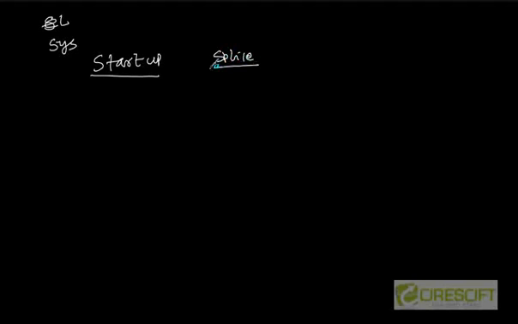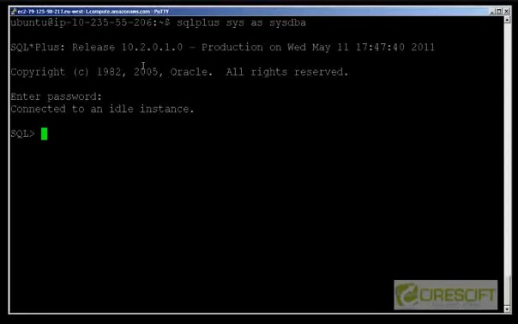In my SPFILE I must have specified the size of the SGA, the number of DB writers to start, the database name, and so on. So when I run startup, it automatically looks at the SPFILE and figures out which parameters are required.